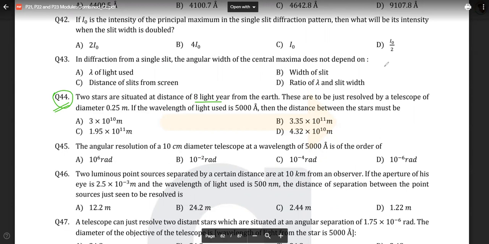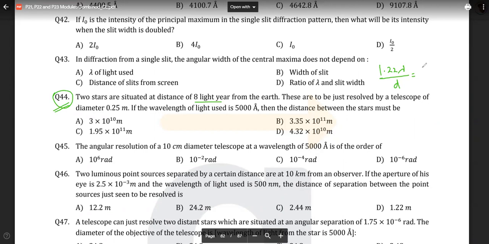Limit of resolution is 1.22 lambda by d. 1.22 lambda by d is equal to what? यहाँ पे ये जो d है वो aperture का diameter है. This is equal to what? This is alpha, this is the angle, right? This was the angle, and this is equal to what?